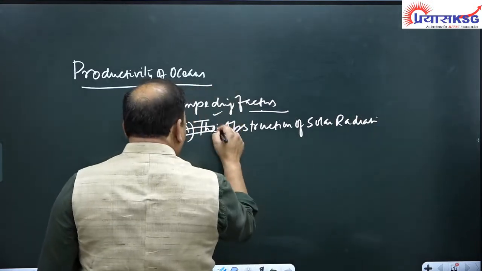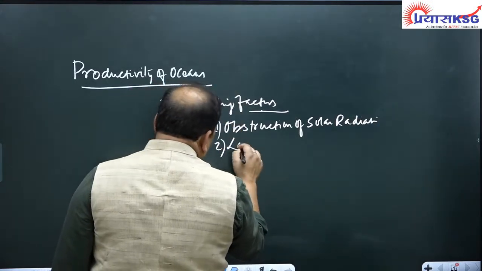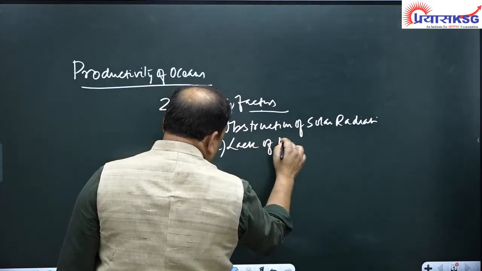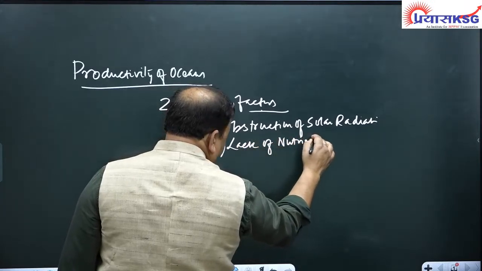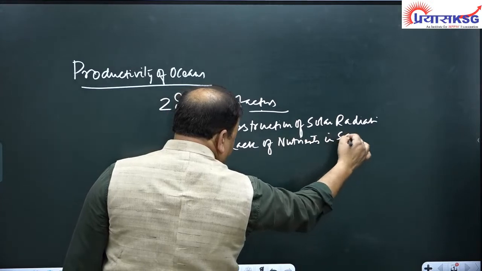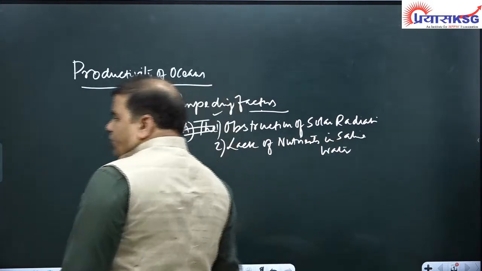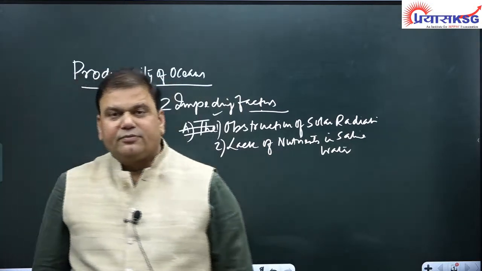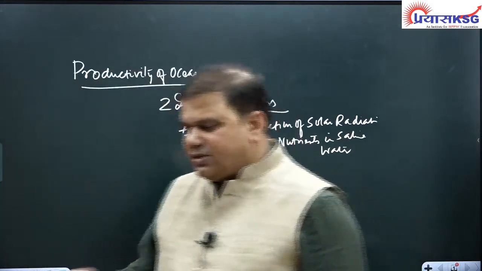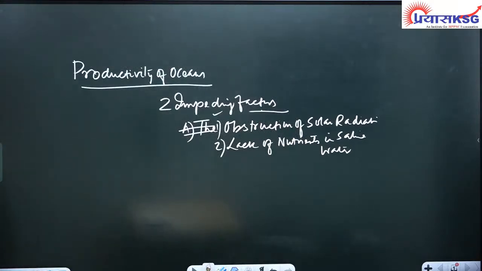And second, lack of nutrients in saline water. So the productivity of oceans is not as high as it should have been because of two impeding factors. First impeding factor is what? Obstruction of solar radiation, and second impeding factor is lack of nutrients in saline water.